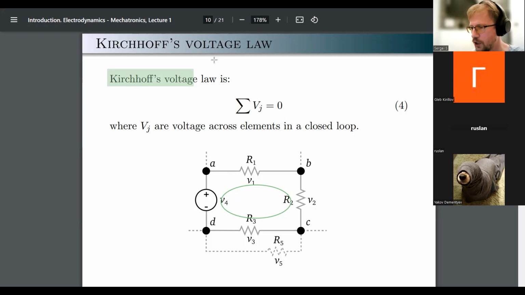So we will measure the electrical potential, the voltage, across this element, this element, this element, this element, and the sum of those voltages would be equal to 0. That is the idea. So that law, I think, is quite easy to remember.